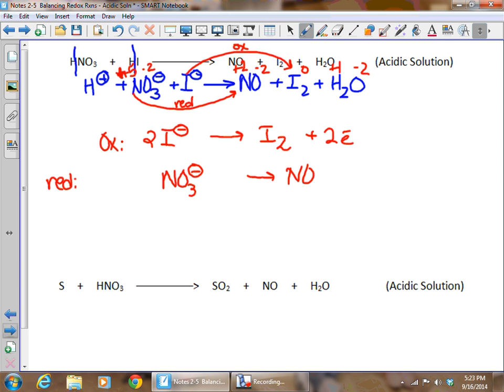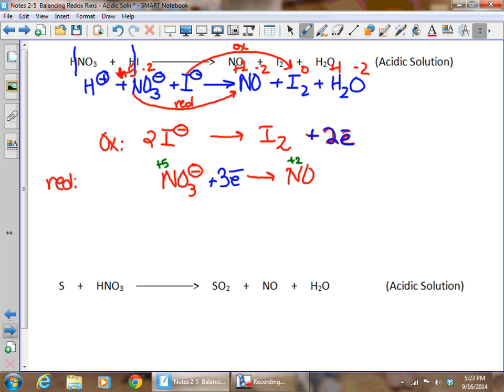Once again, we have to balance by mass and charge. We know that the nitrogen is going from a +5 here, over here with the nitrate ion. I'm going to do that in green. I don't want to see that in the final reaction, but +5 for the nitrogen, +2 for the nitrogen on the right-hand side. That's a 3 electron change. So we've got a 2 electron change on top, 3 electron change here.